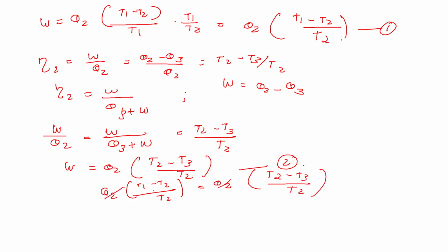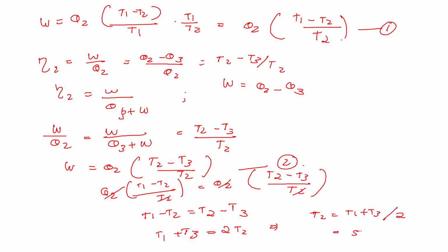Here you can cancel Q2 and T2 also. From there you will get T1 minus T2 is equal to T2 minus T3. From here you will get T1 plus T3 is equal to 2 T2. So T2 is equal to (T1 plus T3) divided by 2. It will be (550 plus 350) divided by 2. Your answer will be 450 Kelvin. So the intermediate temperature will be 450 Kelvin.